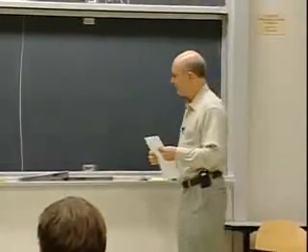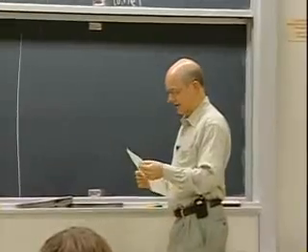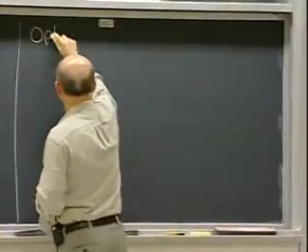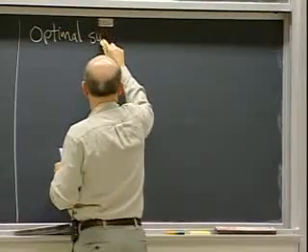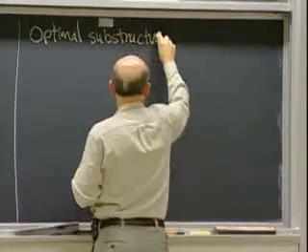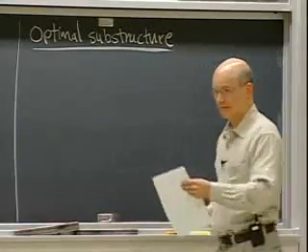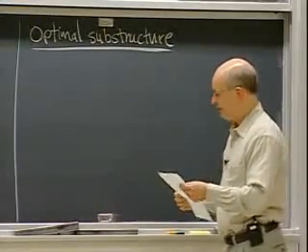Okay, what's going on there? Let's first of all make some observations about this puzzle. And what I want to do is remind you about the optimal substructure property, because it turns out minimum spanning tree has a great optimal substructure property. Okay.